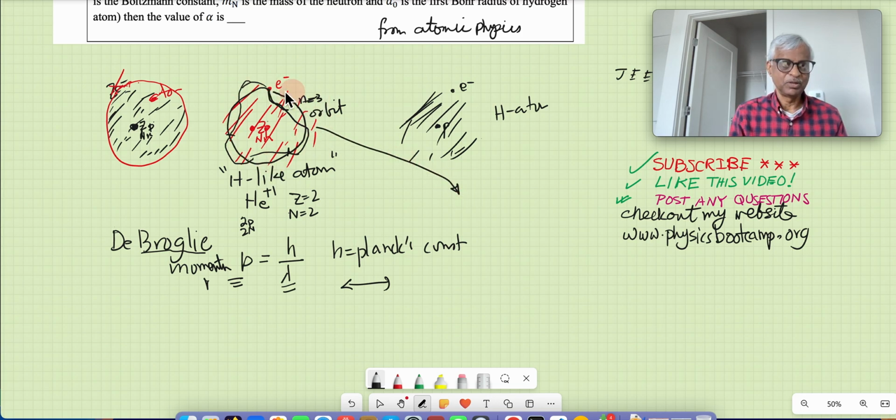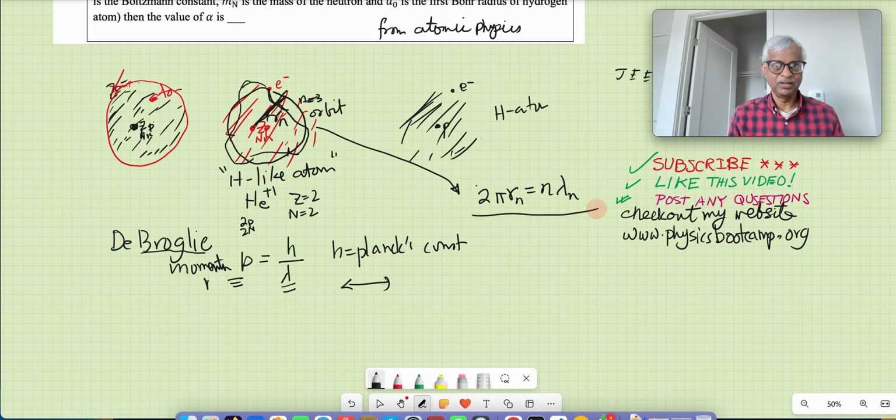If you want the wavelength associated with that electron, and that distance is Rn, then 2 pi Rn equals n times lambda associated with this orbit electron. You can show that this is the case.